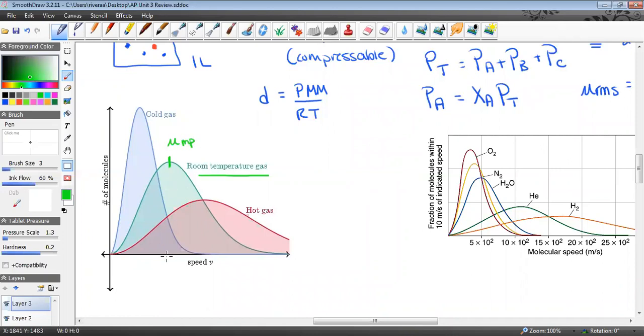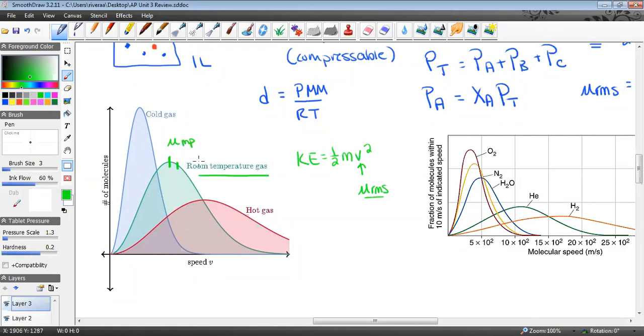That's the speed that most of your molecules are moving at. The speed in the kinetic energy equation, when we say 1/2 mv squared, relates to what we call the root mean squared speed. It's just a statistical speed, and it's not always the most probable. The root mean squared speed is probably going to be close to the most probable, but maybe not exactly.